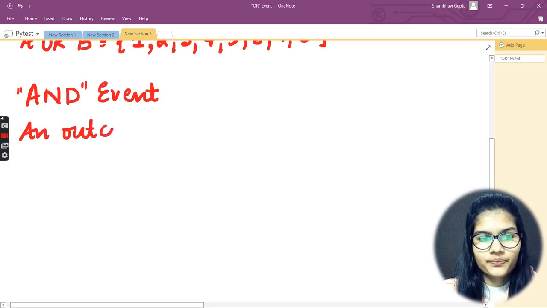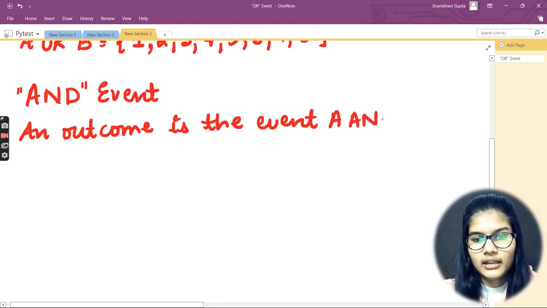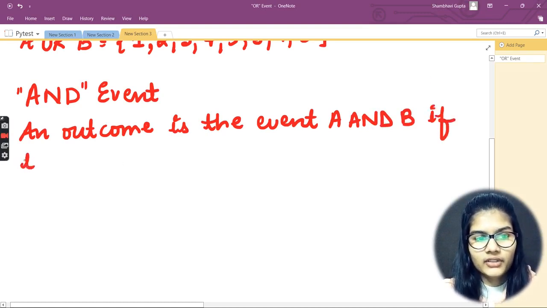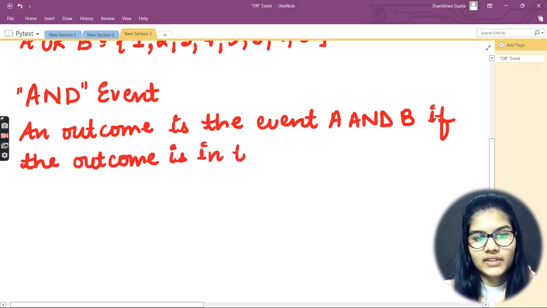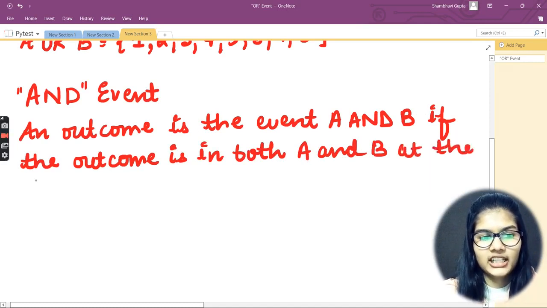Here, an outcome is in the event A and B if the outcome is in both A and B at the same time.